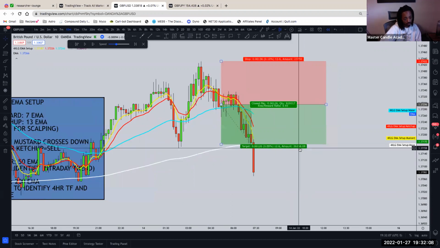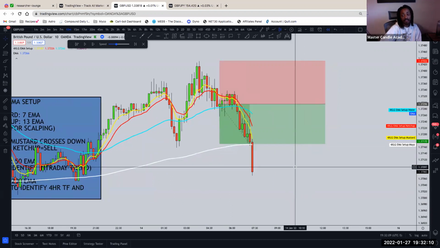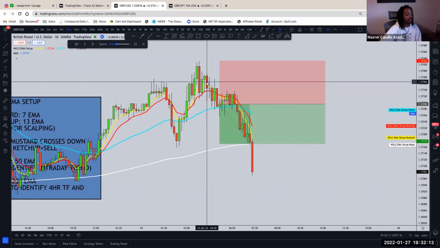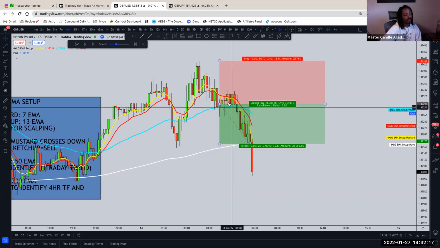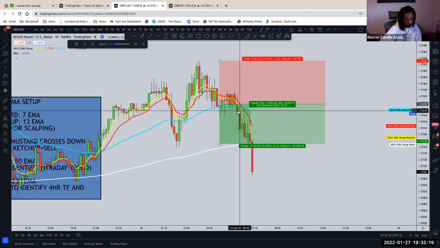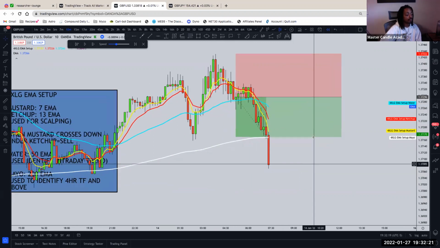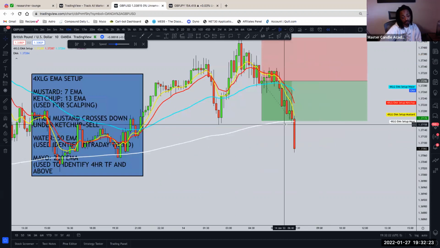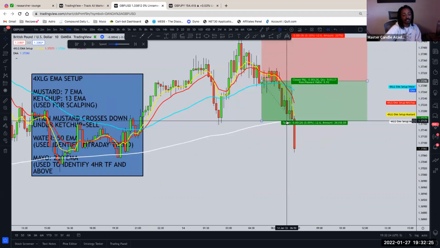It's a reversal. So if you see price below water and price is starting to move below our 4-hour trend, what is that an indication of?